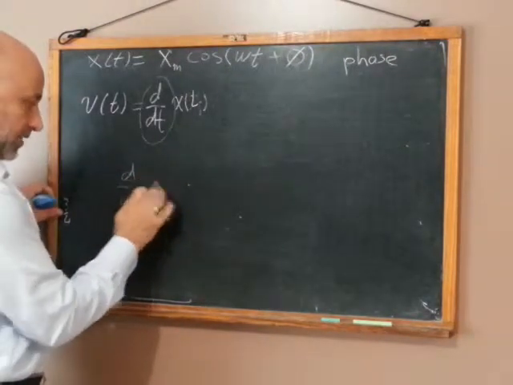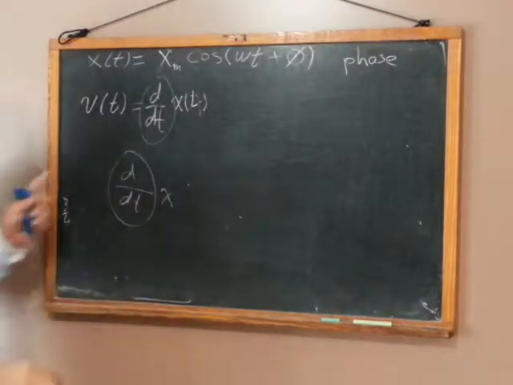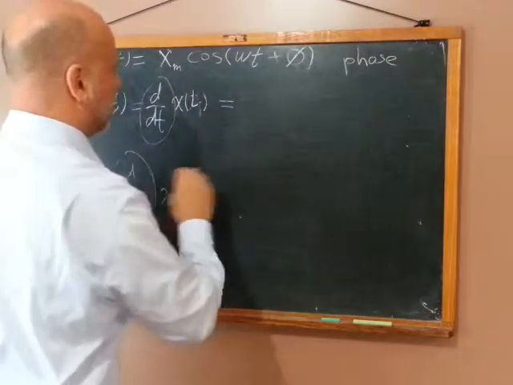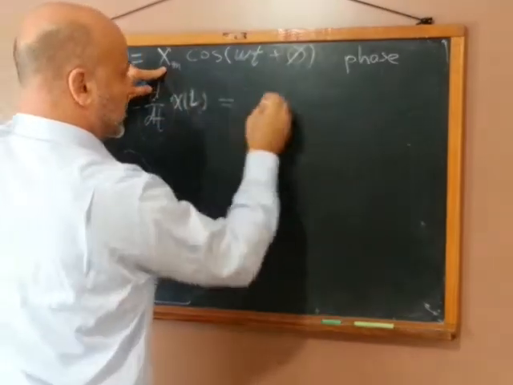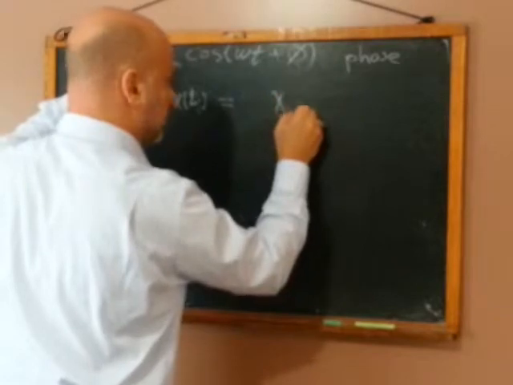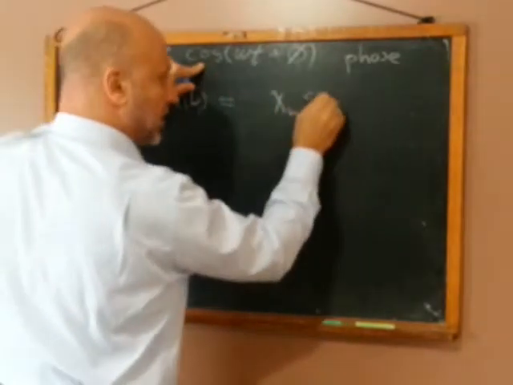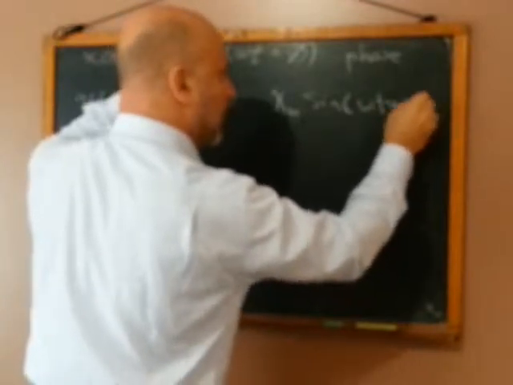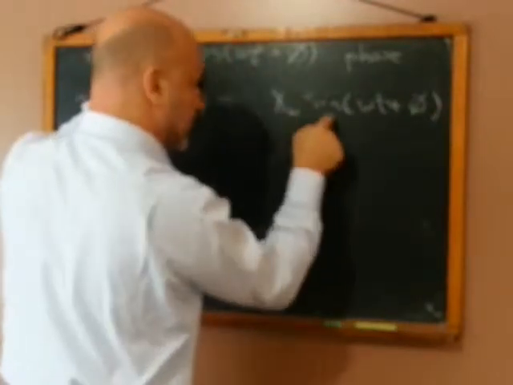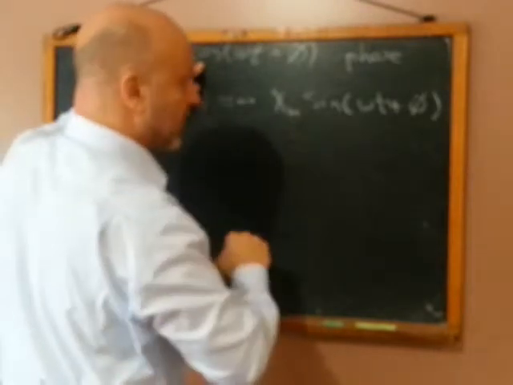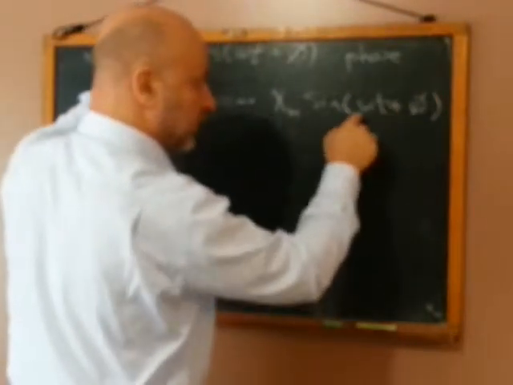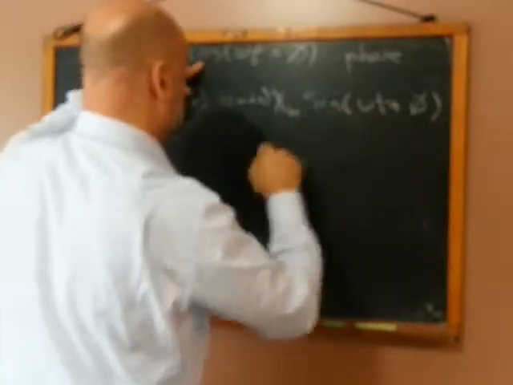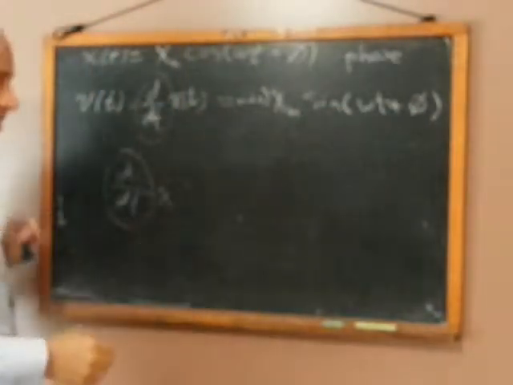I want to emphasize that d dt is an operator that acts on the function to give me another function. That constant stays as is. The derivative of cos is negative sine, so the angle is omega t plus phi, with a negative sign. Then the derivative of the angle itself is just omega, and the derivative of phi is 0 because it's a constant. So we get the velocity.